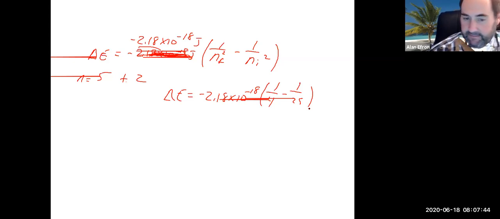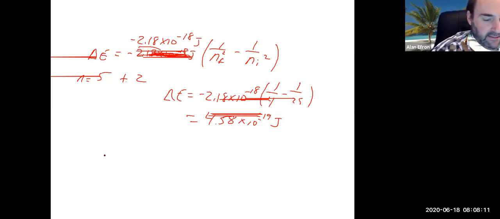And that gives us the change in energy, as I think we did last time. It doesn't like the minus part. All right, so it's minus 19 joules.